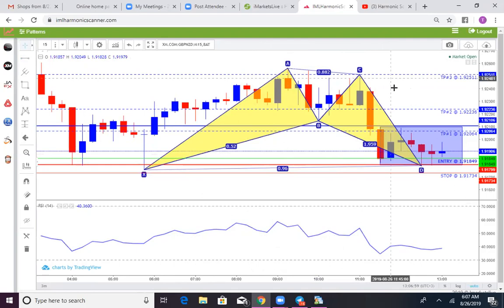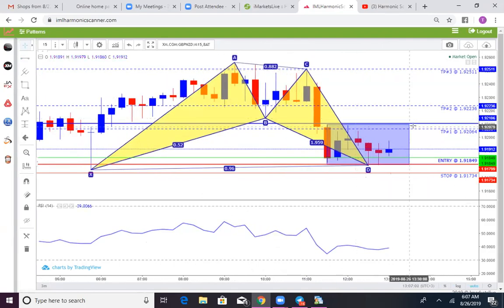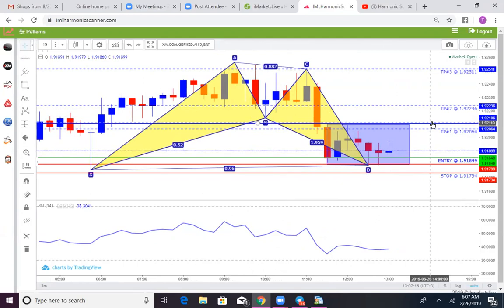So what I would do is set a pending order 10 pips above this level. This level right here is 1.92110. I would set a buy stop for 1.92210.